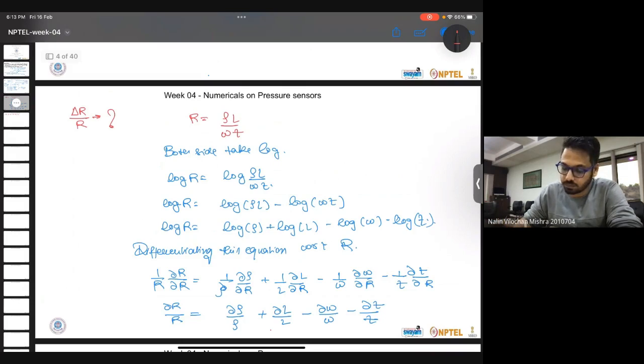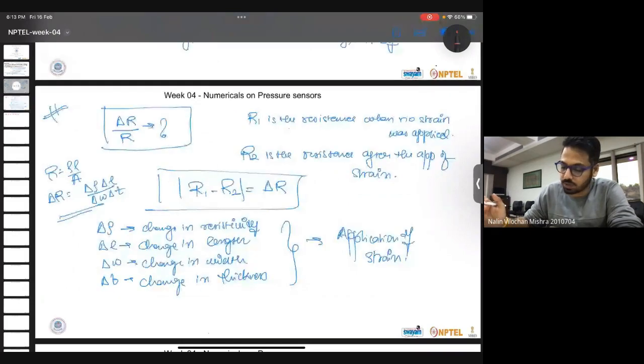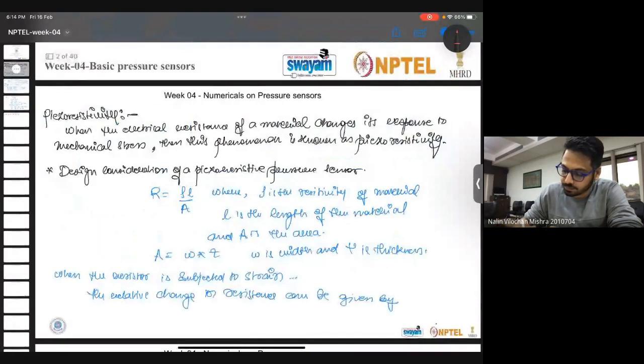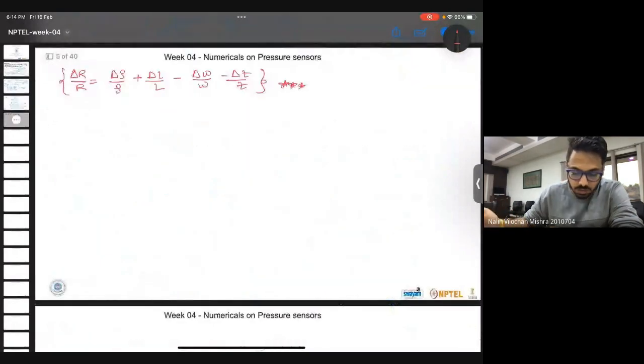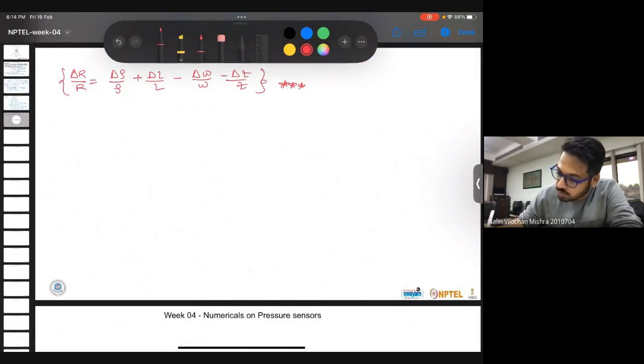Okay, so that's how you can calculate change in R by R. So this is the equation we'll use in numericals. I'm giving it equation number 1.